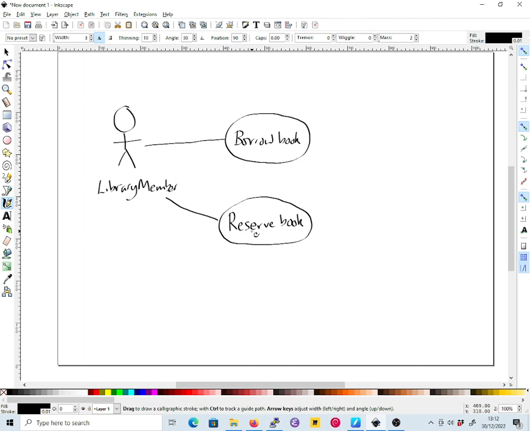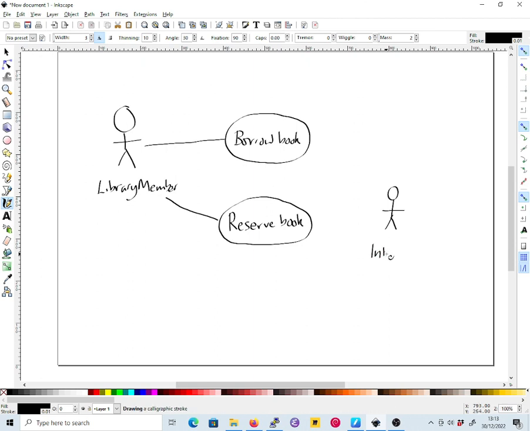How do we represent external systems on a use case diagram? Well, they're quite a lot like users, because you don't control the external systems, you just have to find out about how to interact with them successfully and take that into account in your design. And for that reason, external systems are also represented on UML use case diagrams as actors.